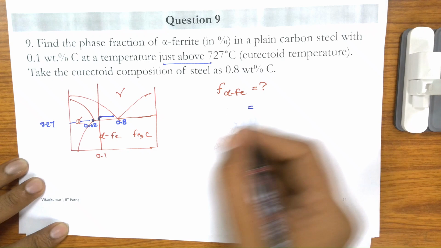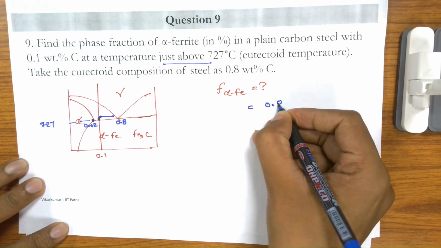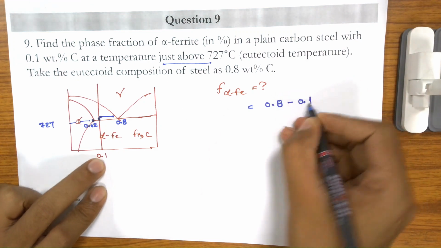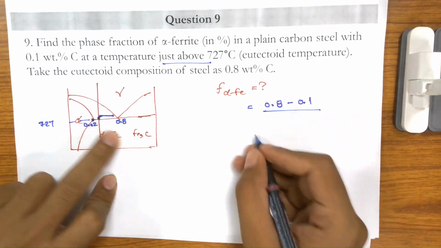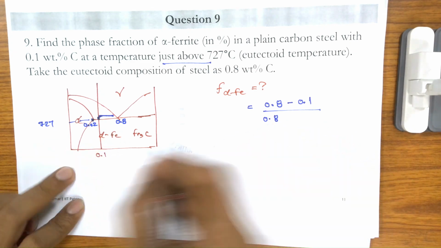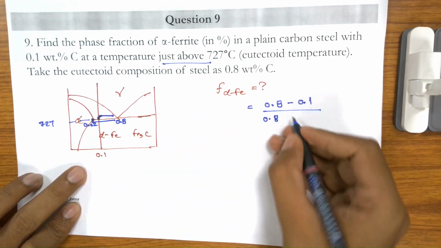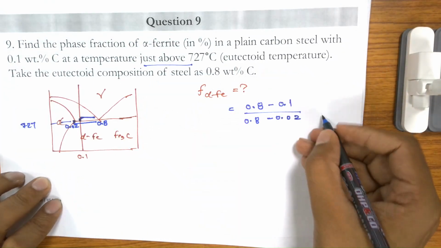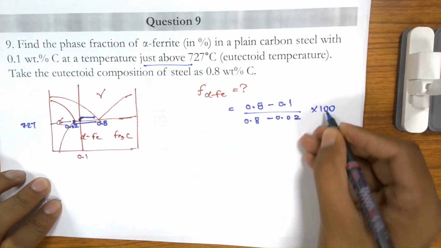So it will be given by 0.8 minus 0.1 divided by the entire lever arm, that is 0.8 minus 0.02. If we want it in percent, one can multiply by 100.